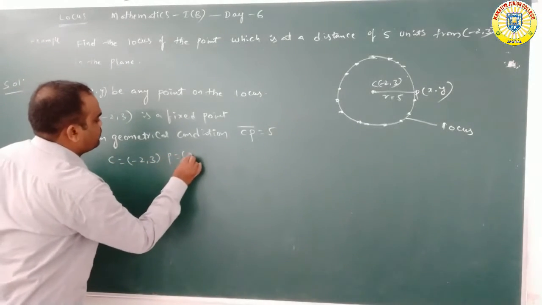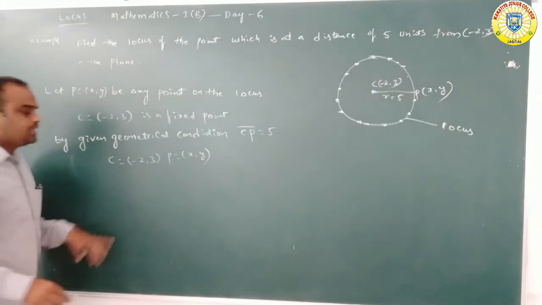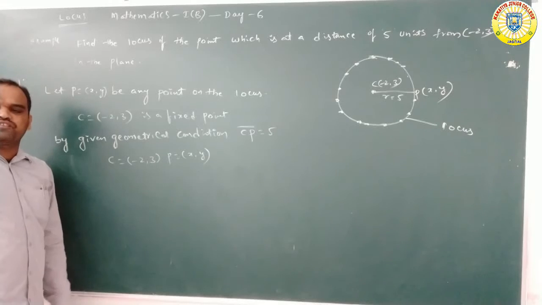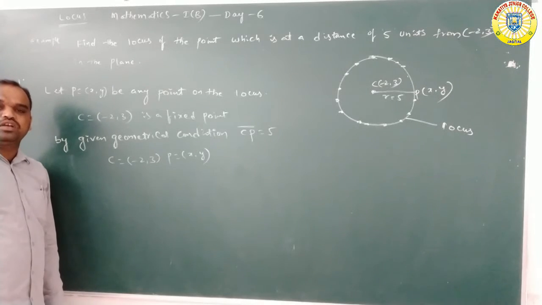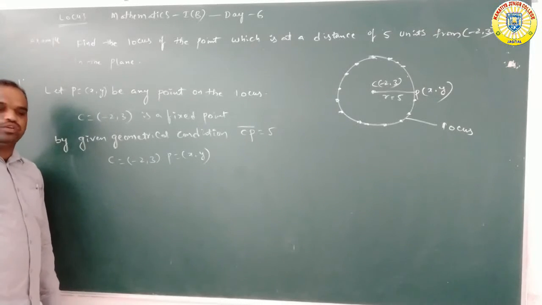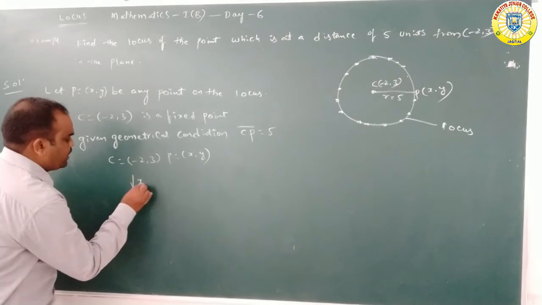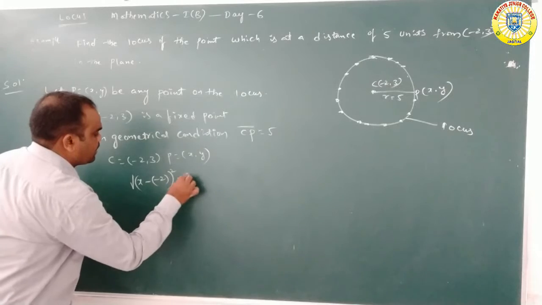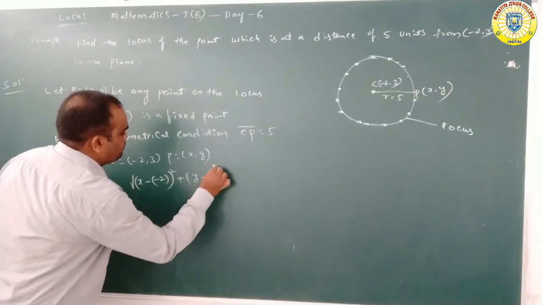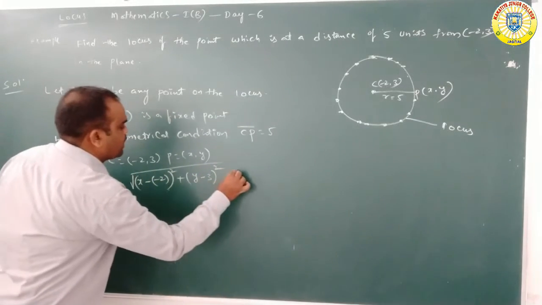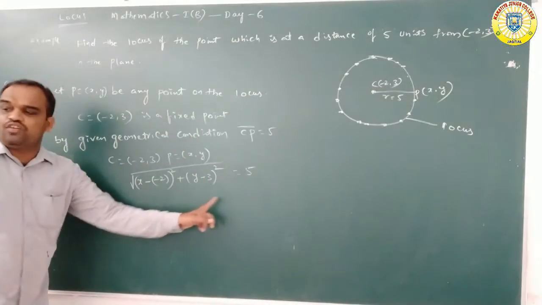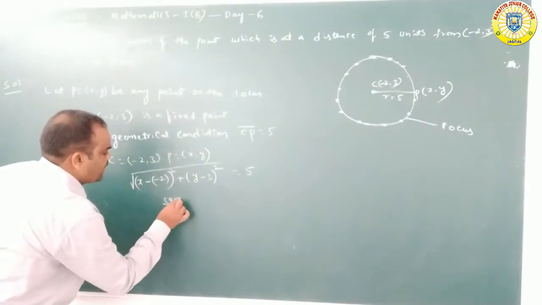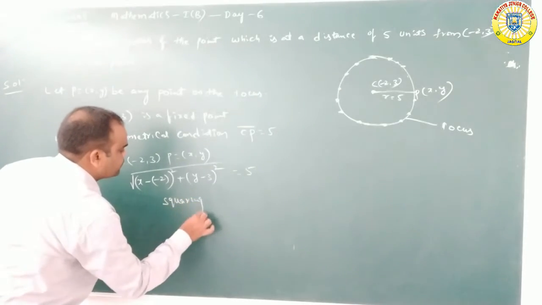P is equal to (x, y). The distance between the two points C and P is the root of (x2 minus x1) whole square plus (y2 minus y1) whole square, so the root of (x minus (-2)) whole square plus (y minus 3) whole square is equal to 5. Since there is a square root, we are squaring on both sides.